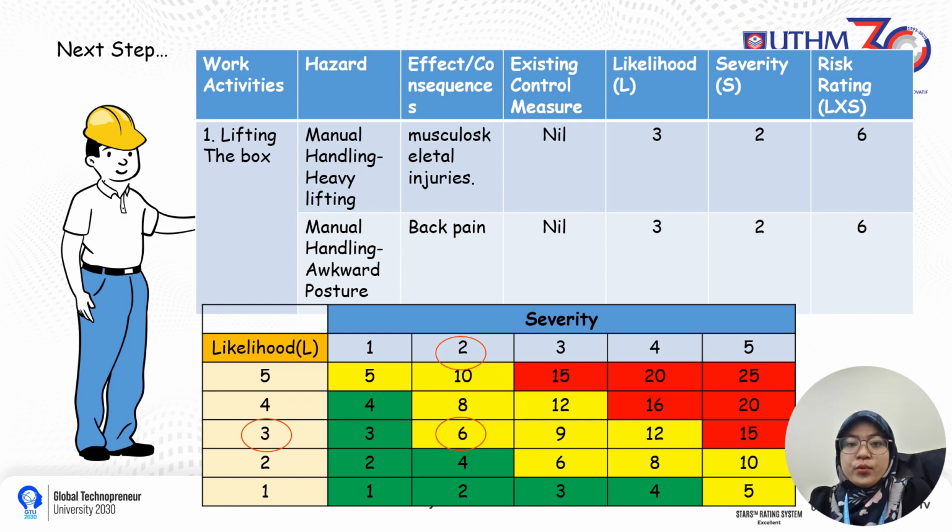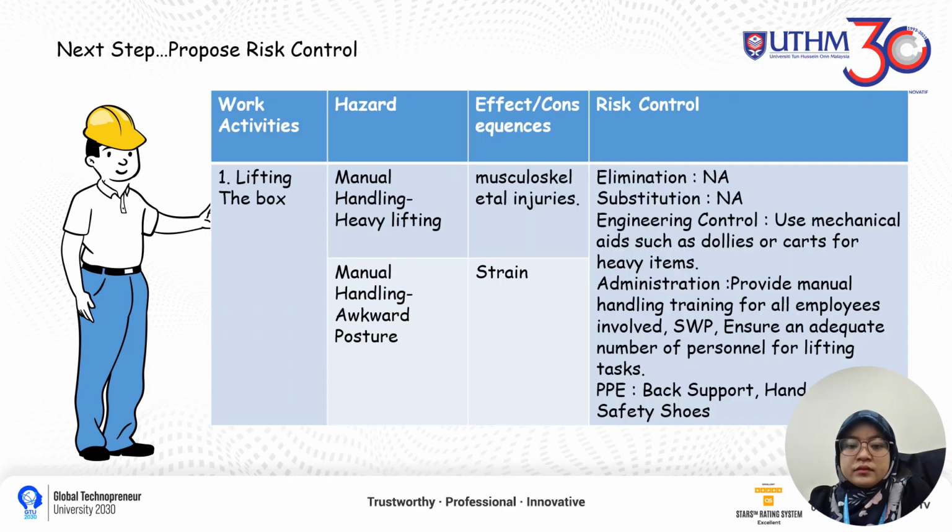So you have to propose risk control. This is an example of how you can propose a risk control. You need to start with elimination from the top of the hierarchy of control. Start with elimination, not applicable in this case. Substitution is also not applicable in this case.